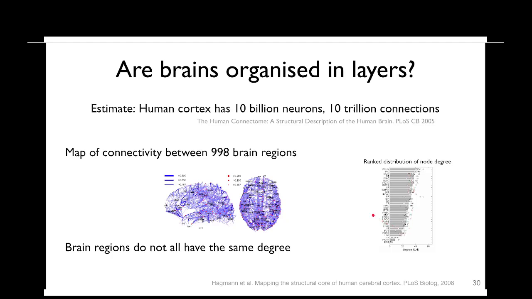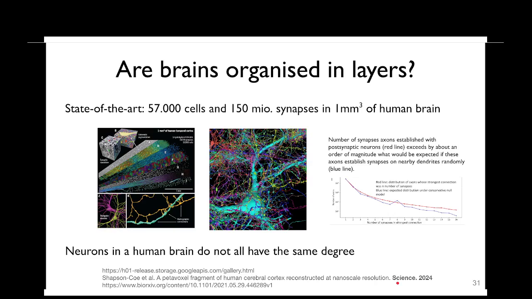However, very recently in Science, also a top journal in the life sciences this year, there was a major advance in which 1 cubic millimeter of human brain was investigated. They took 57,000 cells and they mapped out 150 million synapses between these cells. And I highly encourage you to go to the accompanying website.